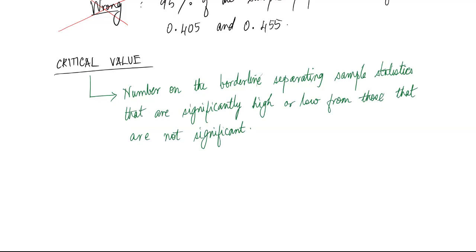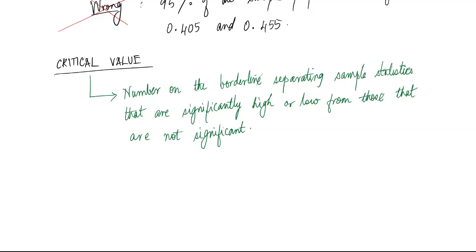Well, again, if you remember, in the normal curve, we said if it is one standard deviation this side and one standard deviation that side, we are good. If it's two standard deviations this side and two standard deviations that side, we're still good, because we have 95% of the values contained in there.